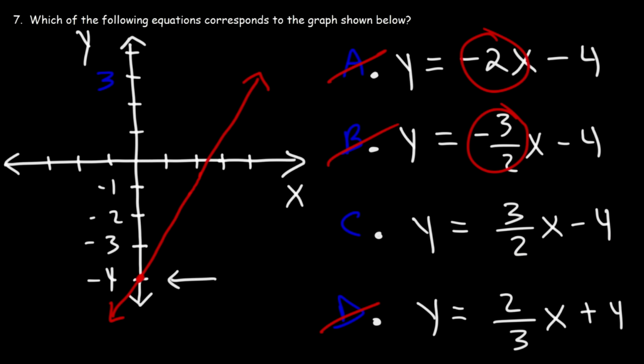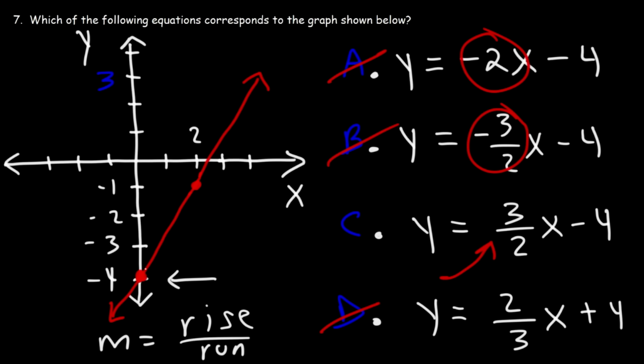Now, another way in which you can get the exact slope is by finding another point on this line. So we have the y-intercept, which is at 0, negative 4. And we can see that there's another point here, which is at a y value of negative 1 and an x value of 2. Now recall that the slope is basically the rise divided by the run.